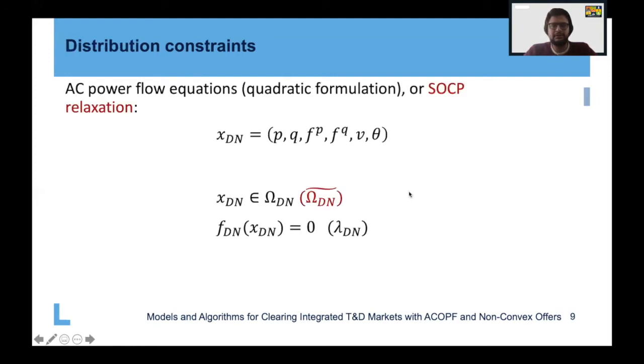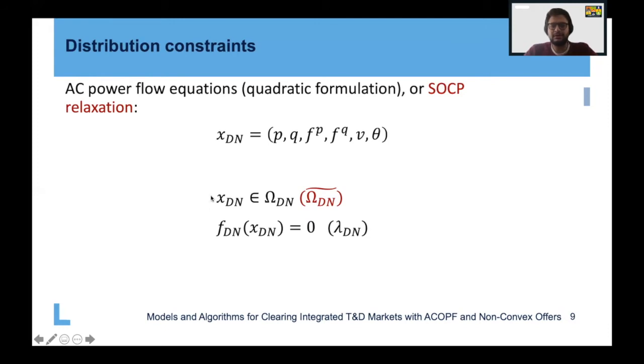Okay, for the distribution constraints, we'll use AC power flow equations or the SOCP relaxation. So in addition to real power decisions, we also have reactive power decisions, Q. And we also need, to account for losses, the voltage magnitude and voltage angle theta. And again, we split the constraints into two types.